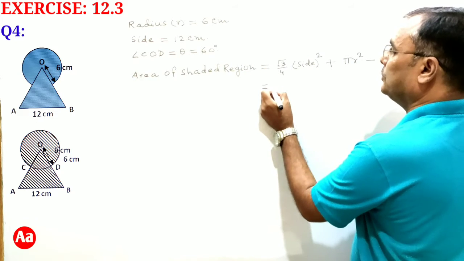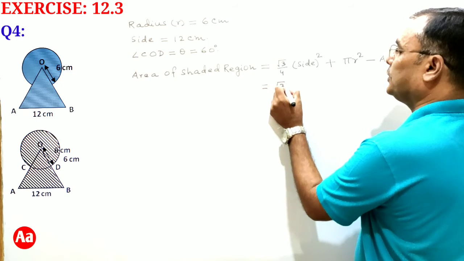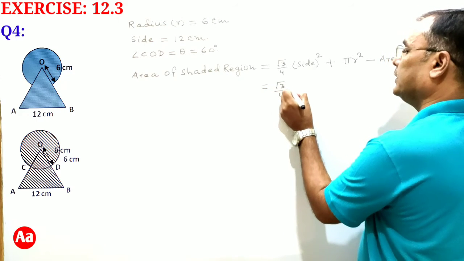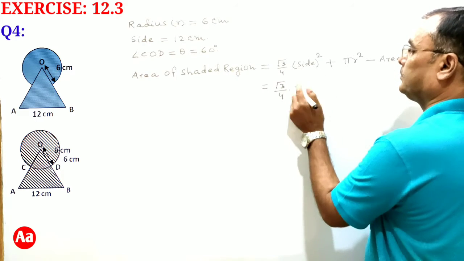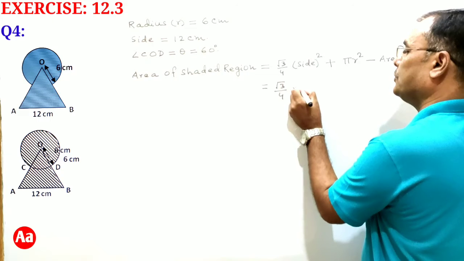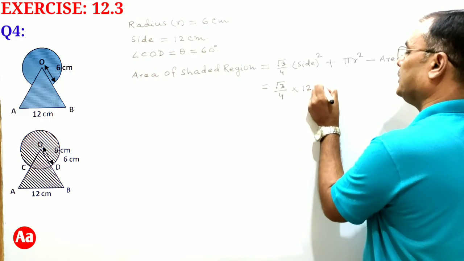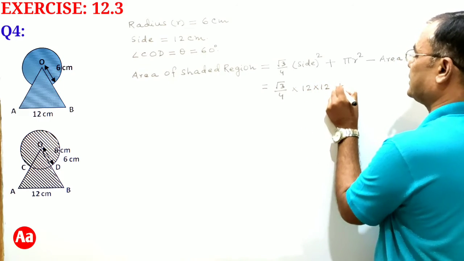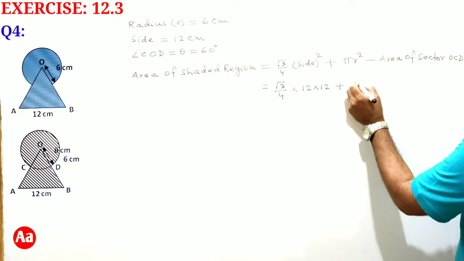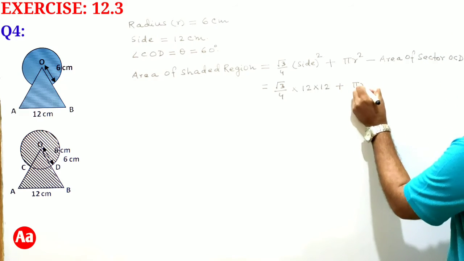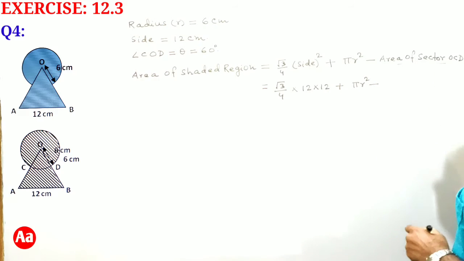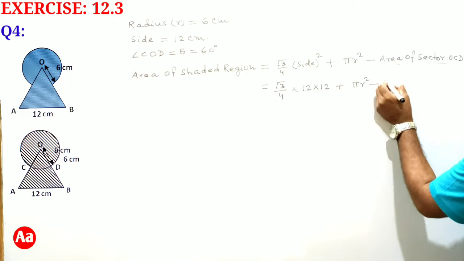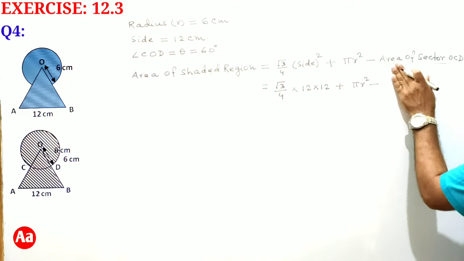This is equal to √3/4 into side 12 square, so into 12 into 12, plus pi r square, minus area of this sector OCD, which is theta by 360 into pi r square.